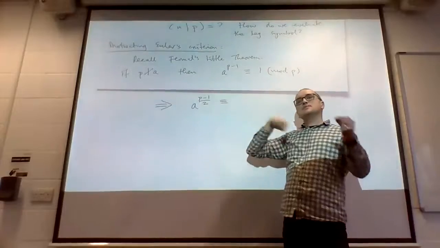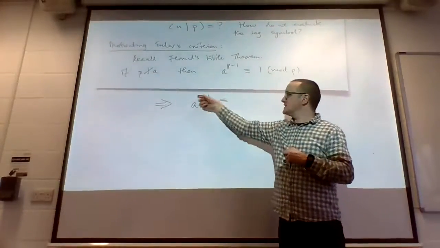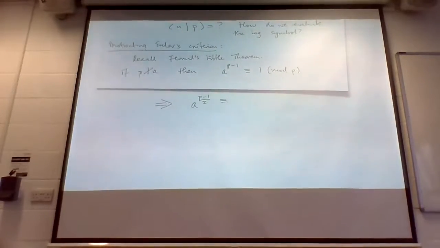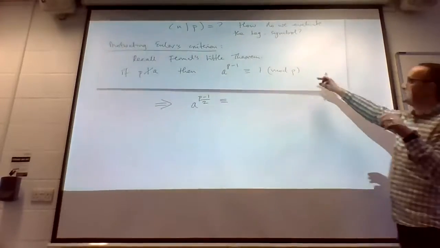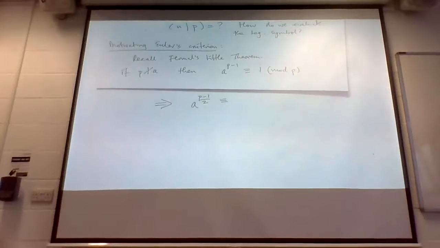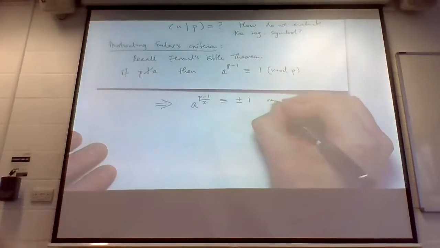That means this must be plus or minus 1 modulo p, because it is a solution to x squared congruent to 1. And we know that the polynomial x squared congruent to 1 mod p, because it's a prime modulus, has at most 2 solutions. It definitely has the solutions 1 and minus 1, so they are the only solutions. So a to the power of (p minus 1) over 2 must be plus 1 or minus 1 modulo p.